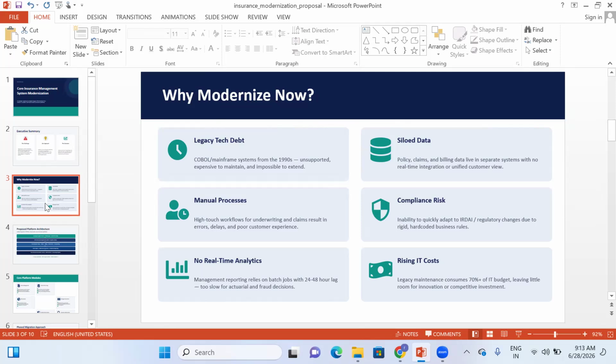So siloed data is one of the core problems identified where we want to have solutions. We are providing a cloud native modernization system, where we are updating and integrating all the three distinct processes. That is one reason we are going for modernization.